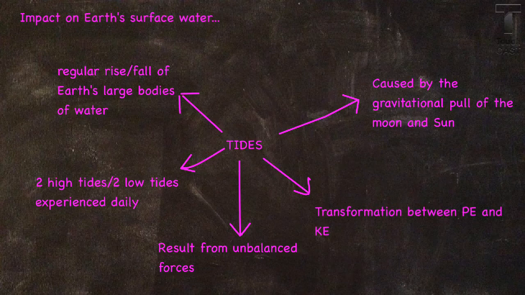Remember that unbalanced forces, we have to have a net force that's greater than zero. It's also a transformation between potential energy and kinetic energy, so constantly going back and forth. Each location is going to have two high tides and two low tides experienced daily. The difference in the location on Earth is going to dictate how obvious those high tides and low tides are going to be.